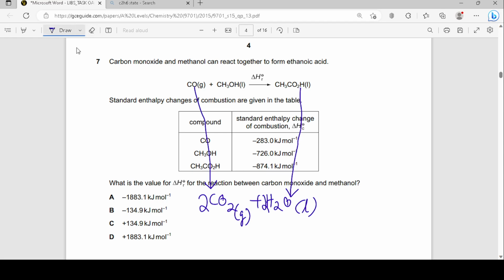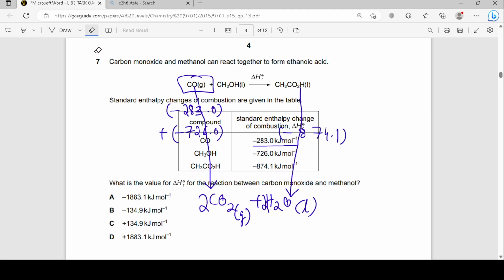For CO, there's just 1 mole of carbon monoxide combusting, so it's minus 283.0, not multiplied with anything because it's just 1 mole. CH3OH is minus 726.0, so I'll write this over here. I love Hess cycles. This is again 1 mole, so it's minus 874.1.